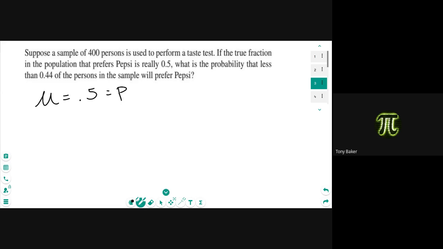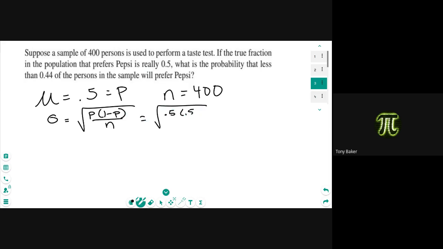So what is going to be my n in this problem? 400. Okay, so with this information, I can now find my standard deviation, because my standard deviation is the square root of p times 1 minus p over n. So I have 0.5 times 0.5 divided by 400.